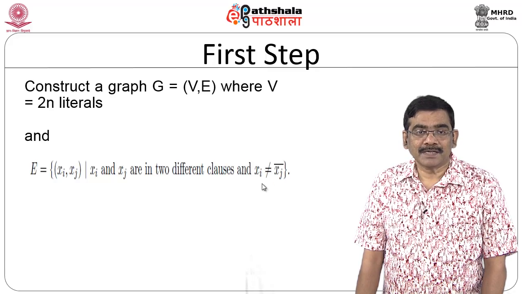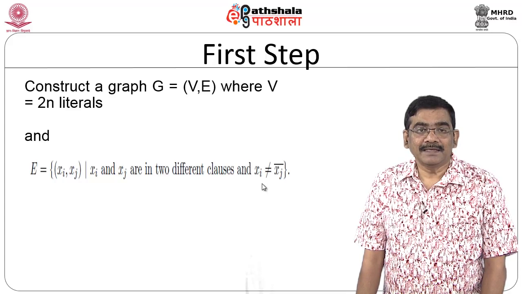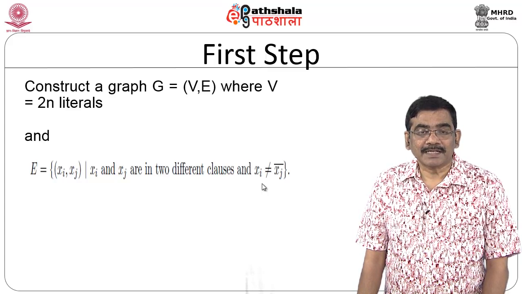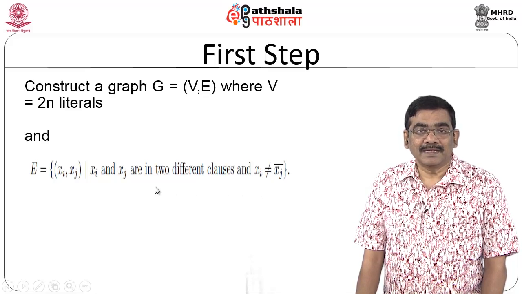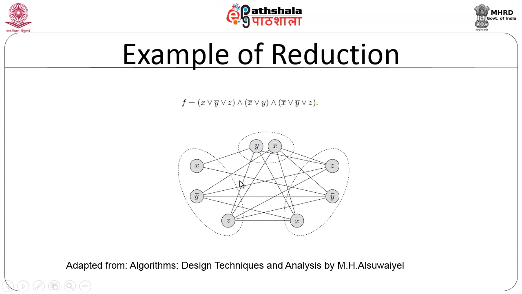If two vertices are connected by an edge, these two things should not contradict each other, such that assigning true to x1 as well as x1 bar is prohibited. Such non-contradictory assignments are possible only if a literal is not connected to the negation of that particular literal. So, using this condition we can construct the graph.